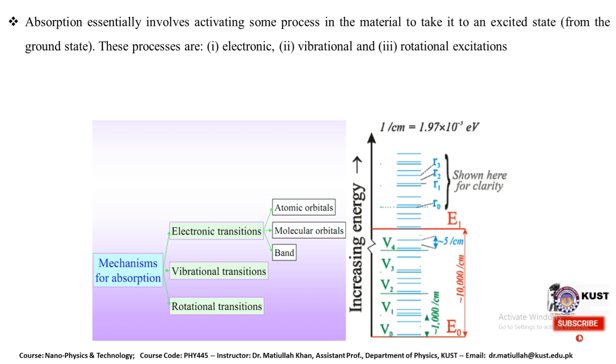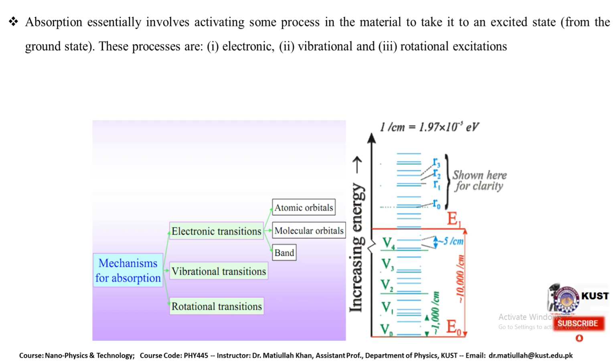In molecules, the electron moves between molecular orbitals. But in a solid, say a semiconductor, the electron moves from the valence band toward the conduction band, and this causes the absorption of the electromagnetic radiation.